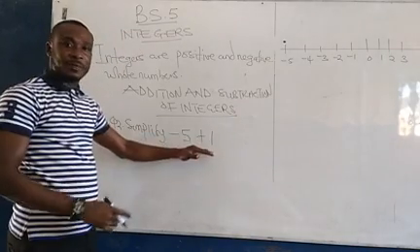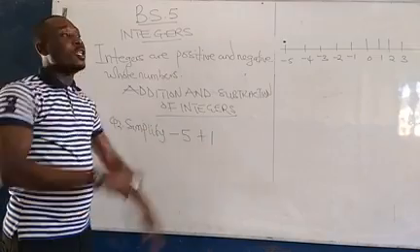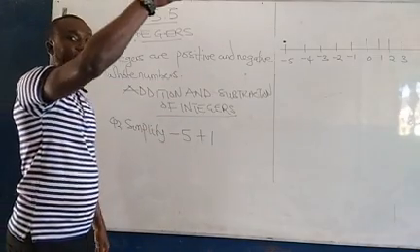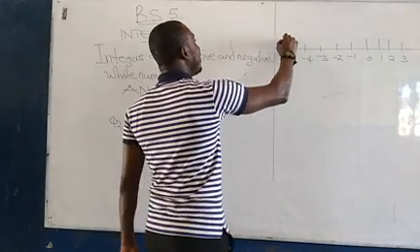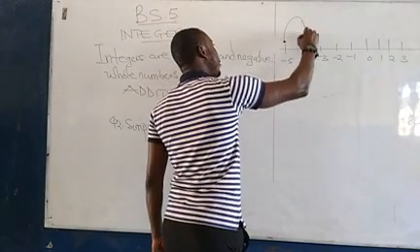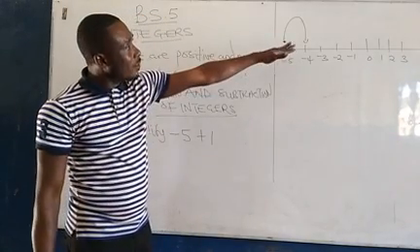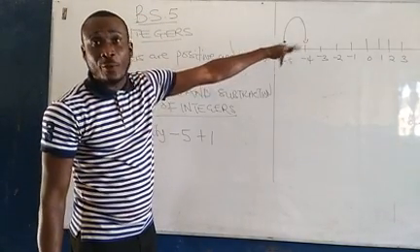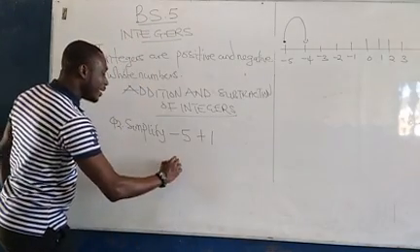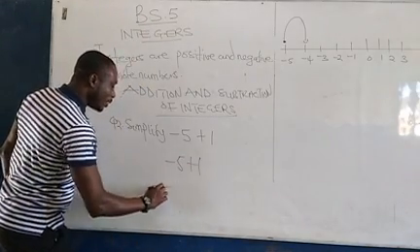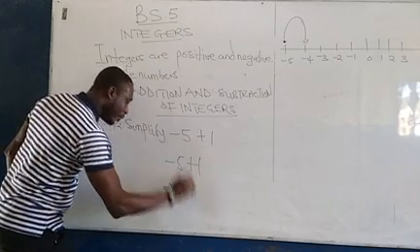It is not negative. The next number is positive 1. So if I move just once from here, where did we end on? We ended up on the number negative 4. So this also tells you that negative 5 plus 1, the result should be negative 4.